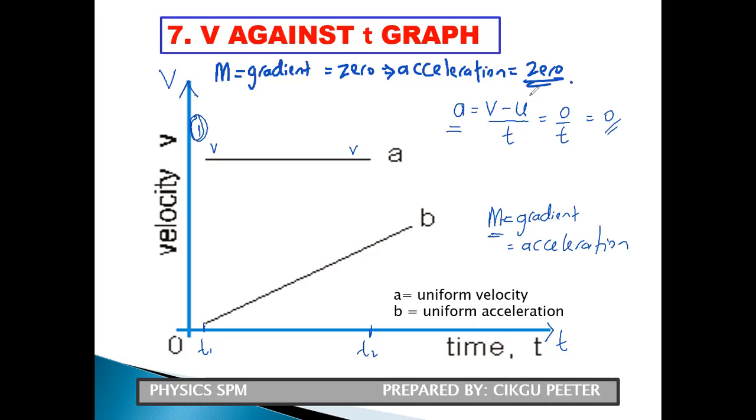So in this graph, the gradient is 0, so 0 acceleration. But in line 2, line B here, the gradient shows a constant value. Therefore it's a constant or uniform gradient, so uniform acceleration, because the gradient is constant or uniform.